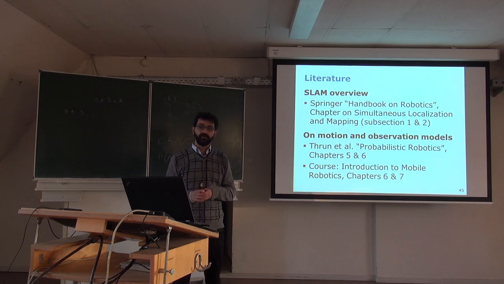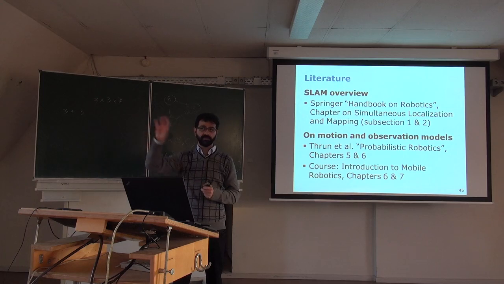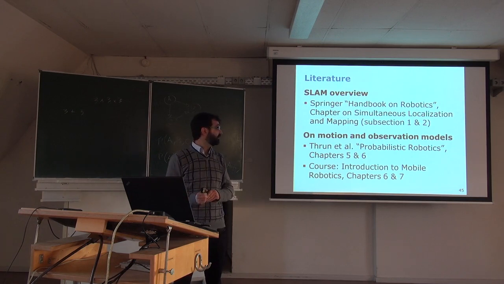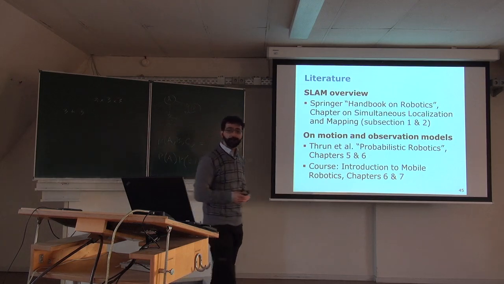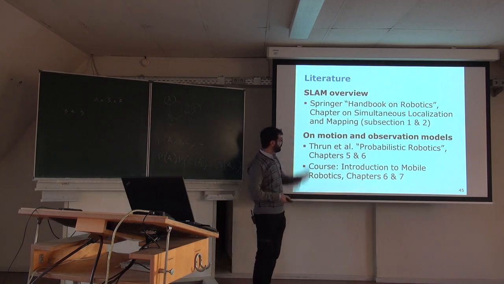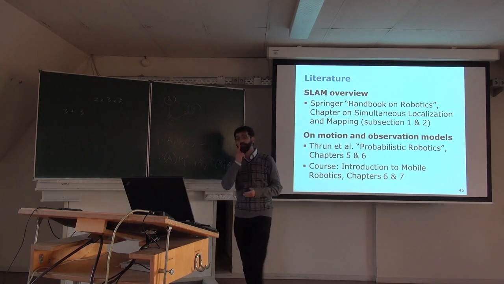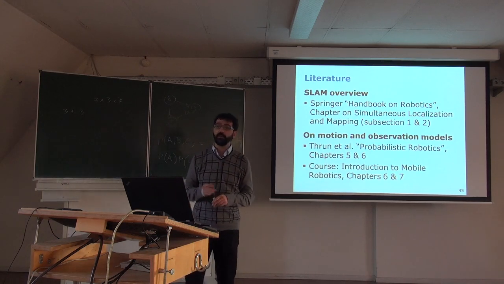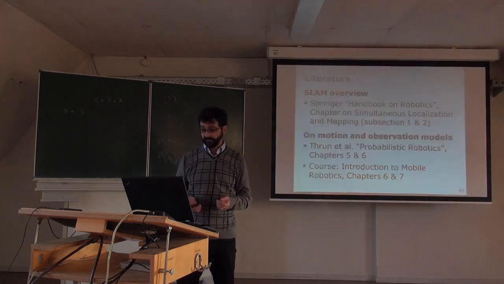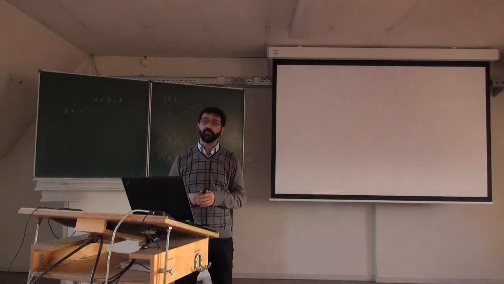It's just how you represent it, the Bayes-net model, so the graphical model view, how you decompose this, and what it means in terms of the different problems: data association, unknown, uncertainty, correlation, and so on. If you want to get motion and observation models, you can just go to the Intro to Mobile Robots or to the book Probabilistic Robotics.